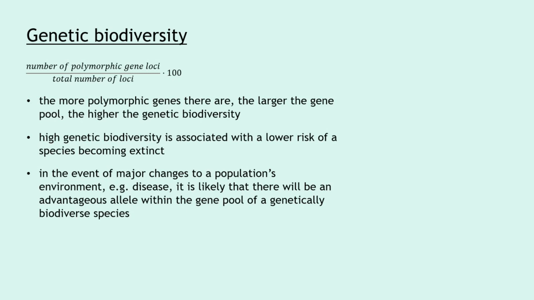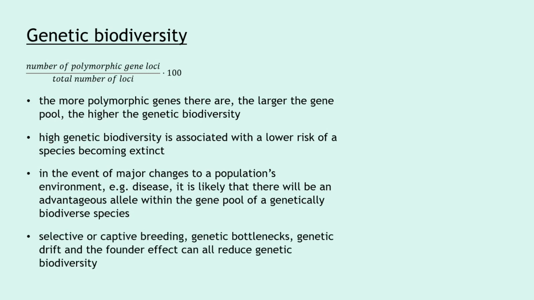So there are a few factors that can affect genetic biodiversity, and again you'll look at these in much more detail in later topics in A2 content. You might remember from GCSE that selective breeding is the idea that farmers maybe look at their cattle and select individuals with desirable traits. This could be high yield of milk or meat, and they breed those individuals together.